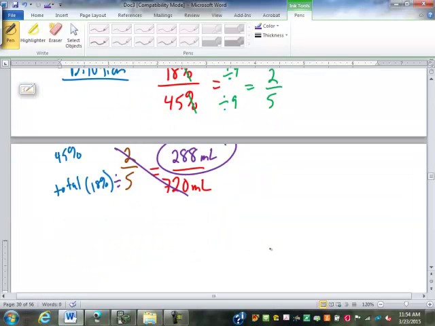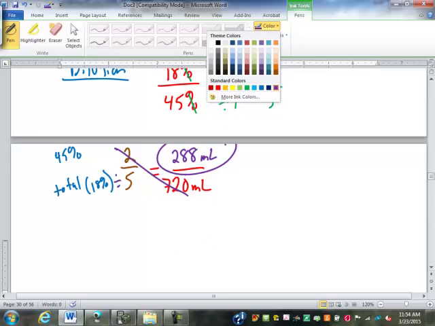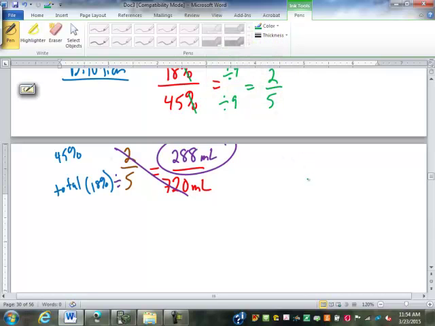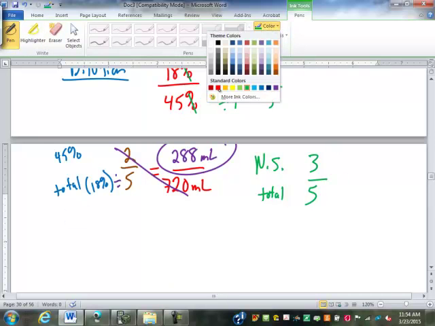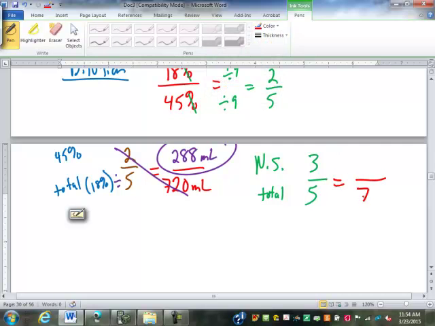Now at this point we could subtract to get how many milliliters of water we'd put in there, or we can adjust. If 2 out of 5 parts is the concentrate, we still have 5 parts total, minus 2, the other 3 parts is going to be the water. Oops, NS. And we set up that proportion with the 720 milliliters total volume.